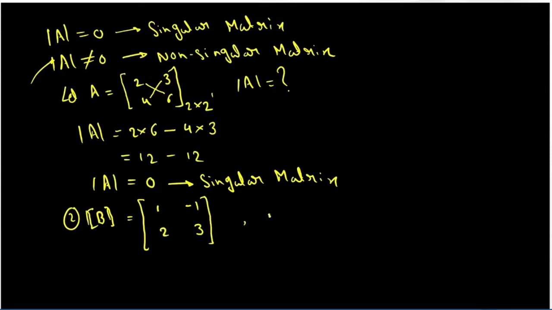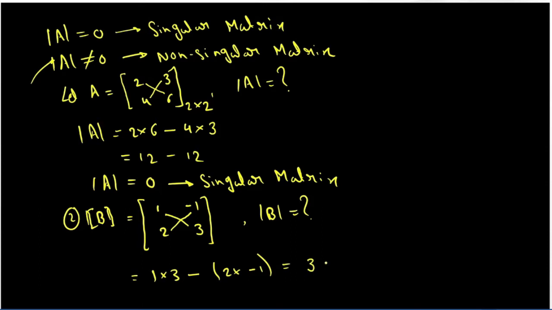And I want to find the determinant of the B matrix. So the procedure will remain the same. That is, first I have to multiply these two elements, that is 1 into 3. Then I will put a negative sign here, minus, and then I will multiply these two elements, that is 2 into minus 1.